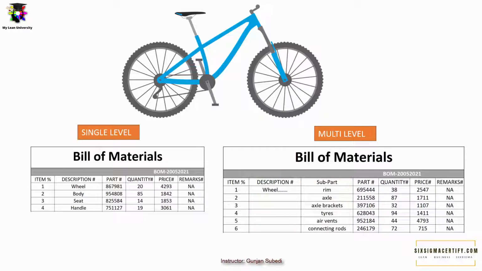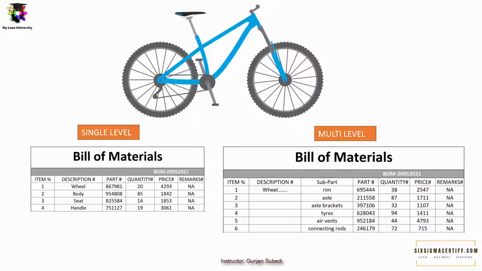For multi-level bill of materials too, it could contain the description of individual parts, quantity and cost, product cost, and may contain specific specification. I have given the examples of single level and multi-level bill of materials here. Similarly, other components may also have other subcomponents. So body could have other subcomponents, seat could have other subcomponents, and the handle could have other subcomponents too.